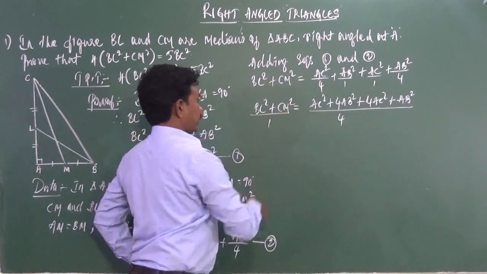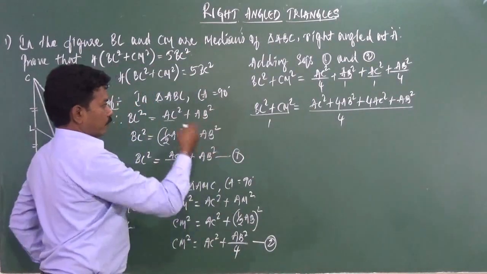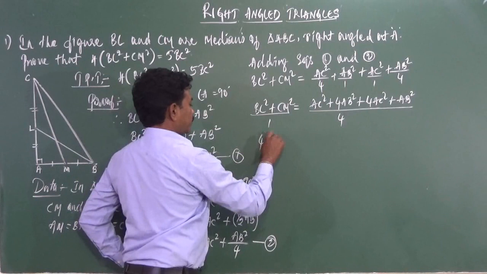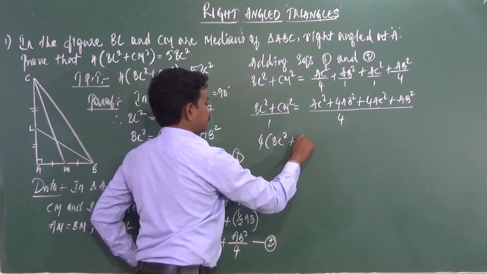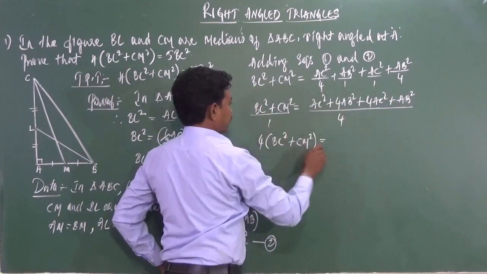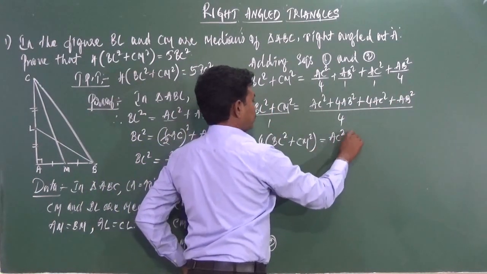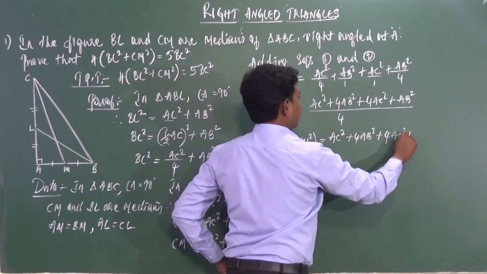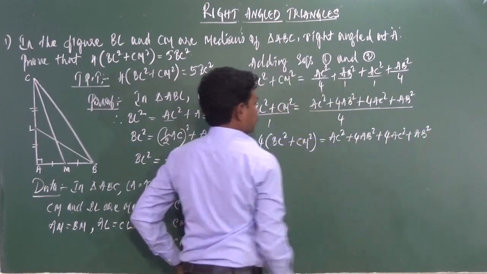Below this we have 1 as the denominator, go for cross multiplication. So 4 into BL square plus CM square is equal to this entire thing into 1, that is AC square plus 4AB square plus 4AC square plus AB square.